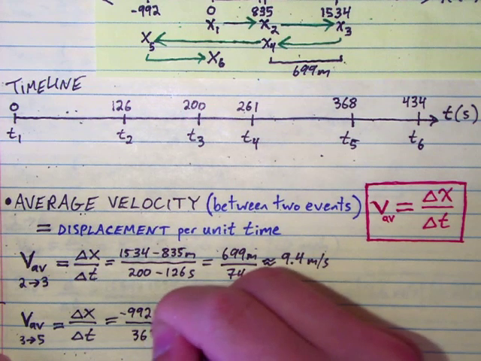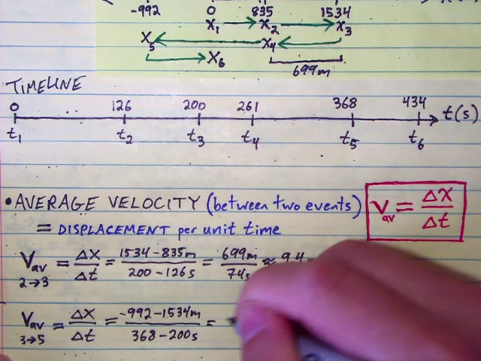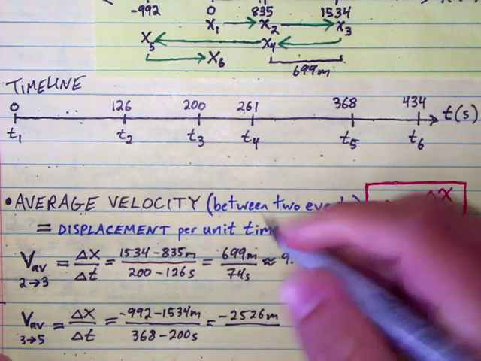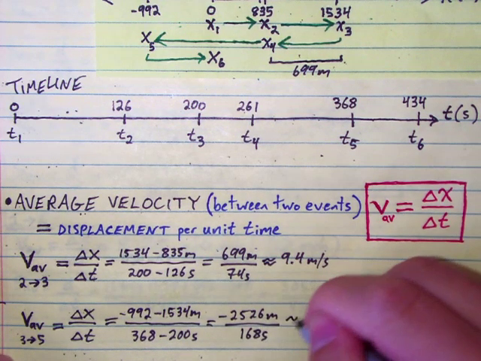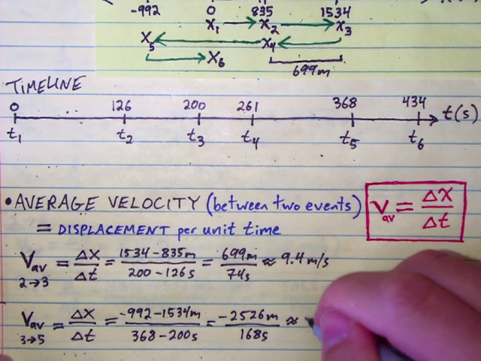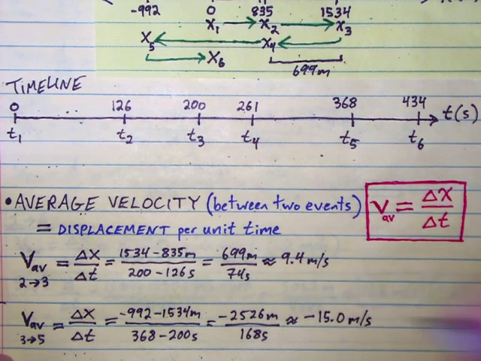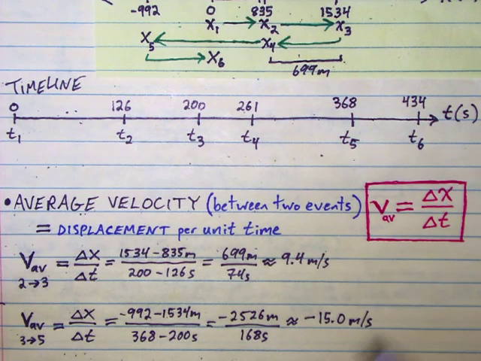So final minus initial, 368 minus 200 seconds. That's negative 2526 meters divided by 168 seconds, which is approximately, because we're going to round, negative 15.0 meters per second. I kept 3 sig figs here because there's 3 sig figs in the time down here.